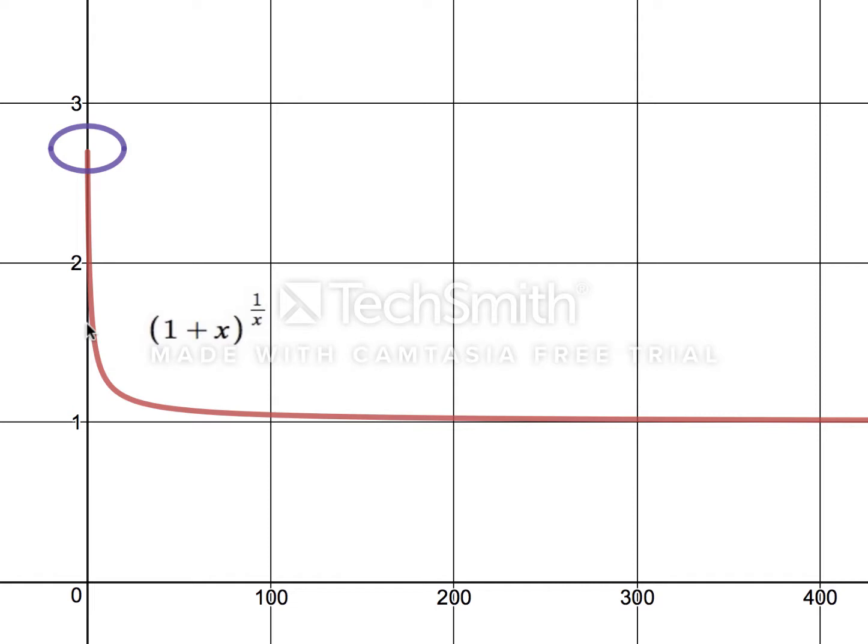Now we see it gets very steep, but the graph seems to stop there. Of course, you put in 0 into your function, and we'd be raising to the 1 over 0, which is not defined. So we can see that we're undefined there. But nonetheless, close to it, we can have values, zoomed way out here, it looks like about 2.577.